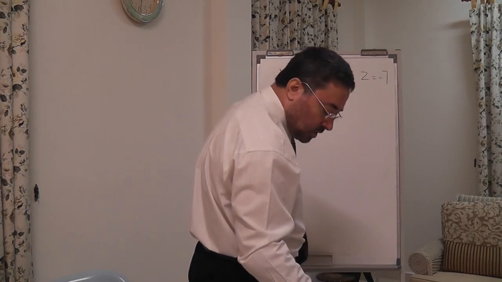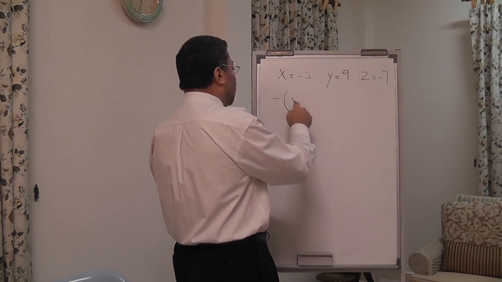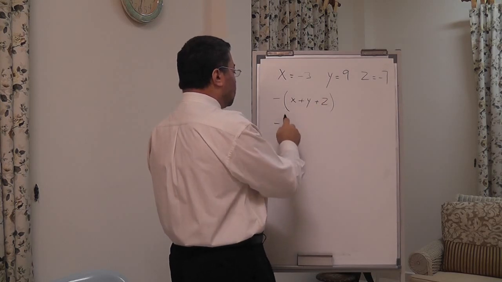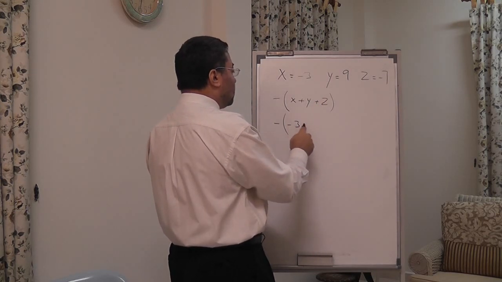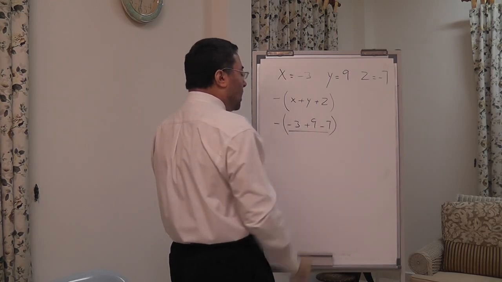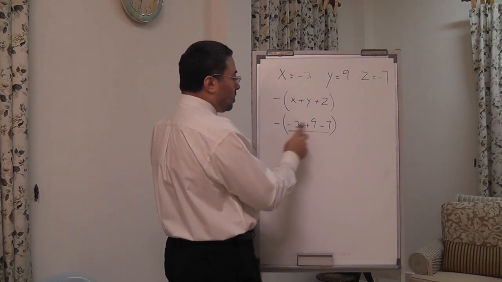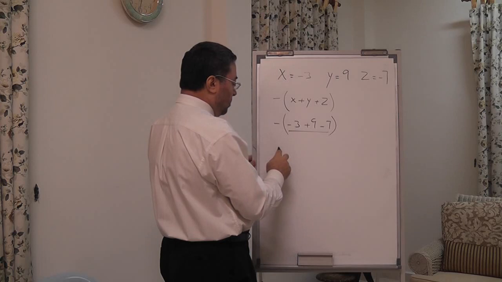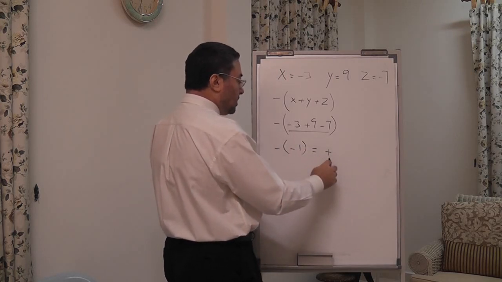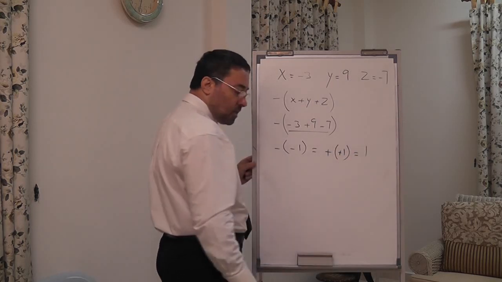We are evaluating in number 64 minus x plus y plus z. Minus, we replace them with their values. We add and subtract whatever is inside the parentheses. So we have minus 10 and a 9, that will give us minus 1, and that's equal to plus the opposite of this, and that's 1.